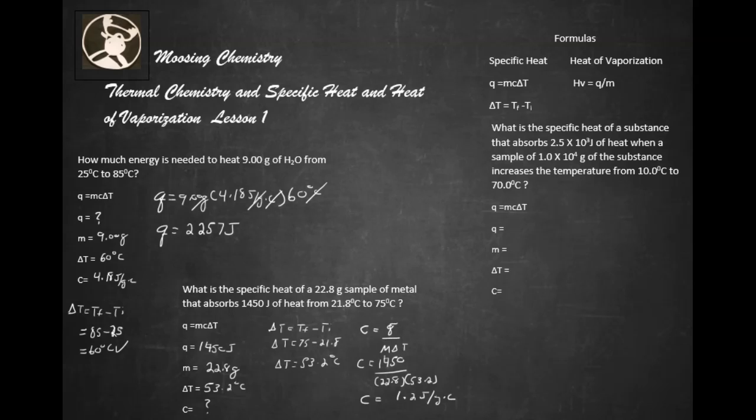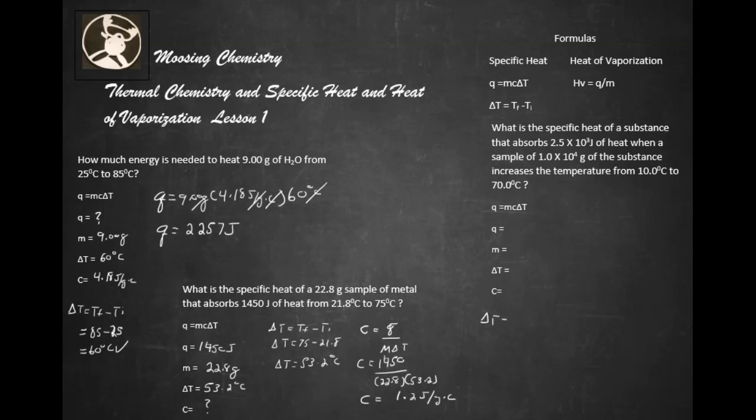Okay, let's look at our final problem in this lesson. What is the specific heat of a substance that absorbs 2.5 times 10 to the third joules of heat when a sample of 1.0 times 10 to the 4 grams of the substance increases the temperature from 10 degrees Celsius to 70 degrees Celsius? So let's do our delta T first.